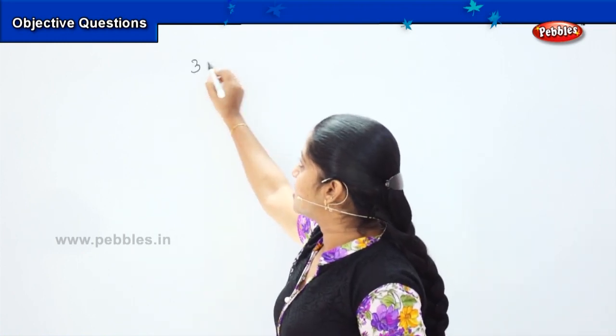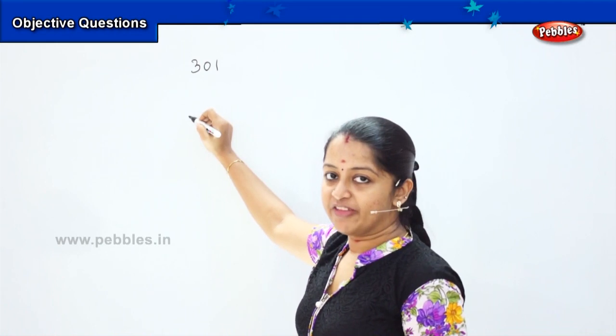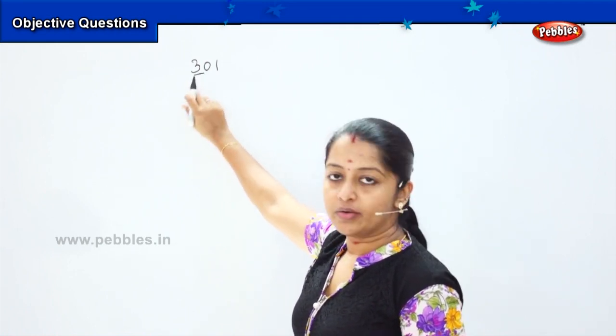Now children, we have the next pattern of questions which will focus on place value and face value. If you remember, I told you earlier that face value is the value of the digit which it actually carries. For example, if I give the number 301, the face value of 3 will remain the same.